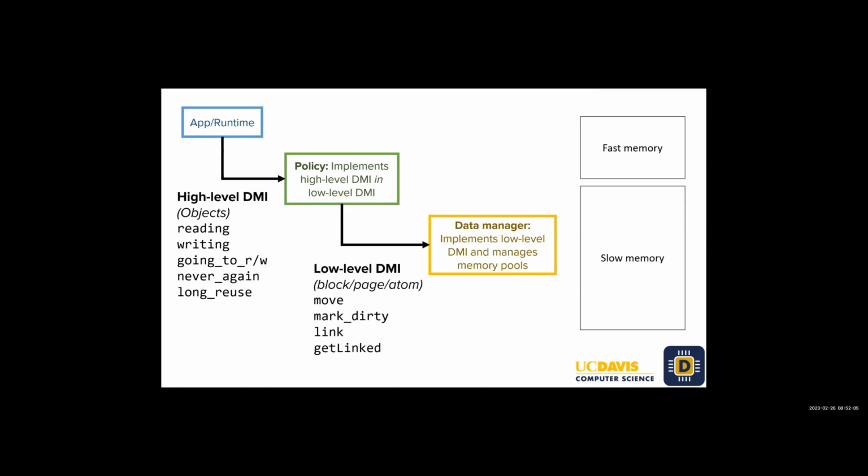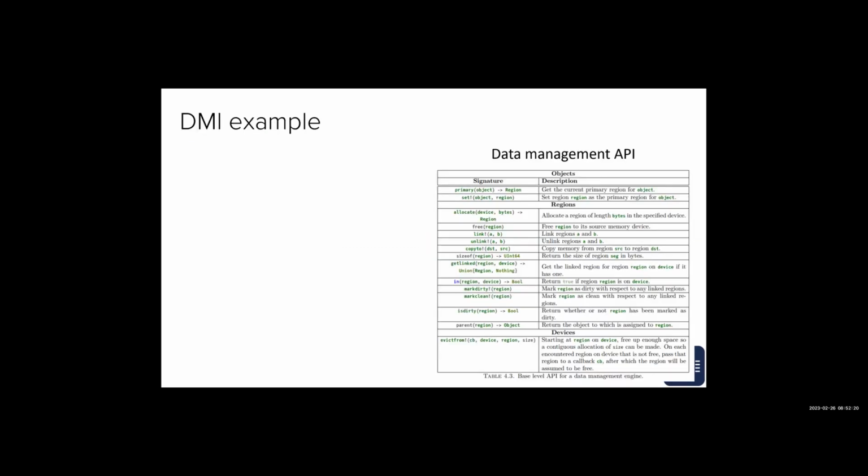So we took this idea and implemented it on top of one data manager, which was in Julia, on Intel's Cascade Lake with 3D XPoint and DRAM, and we implemented two different policies for two different kinds of workloads. Here's a quick example.